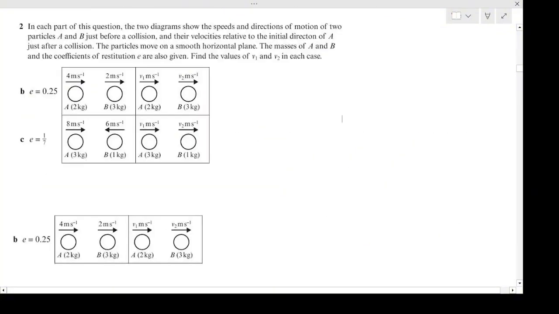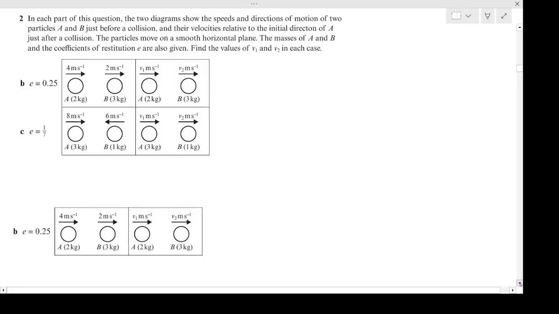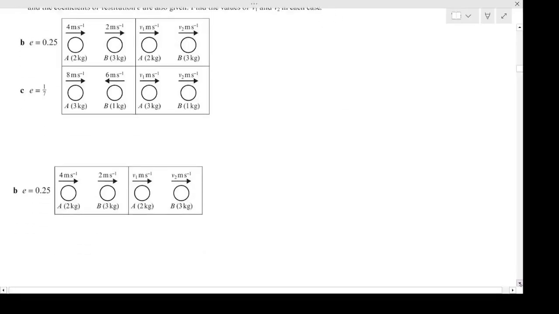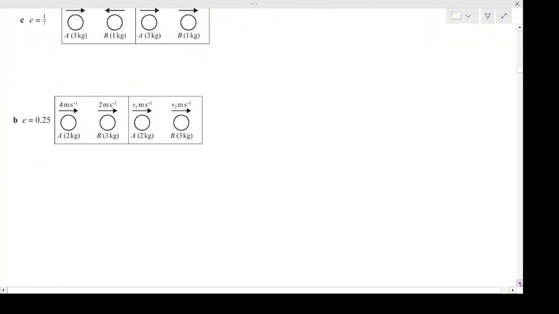So we've got this question here, and again we're given the before and after of a collision. They want me to work out the final speeds v1 and v2 for the two particles. So we're going to need to use momentum and restitution, which we just looked at.